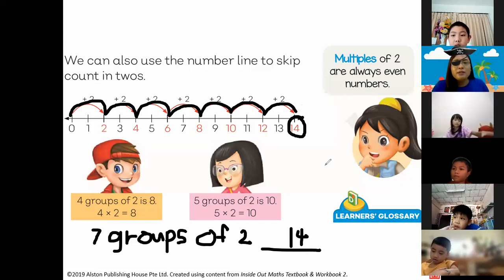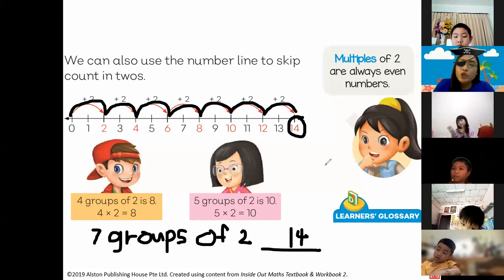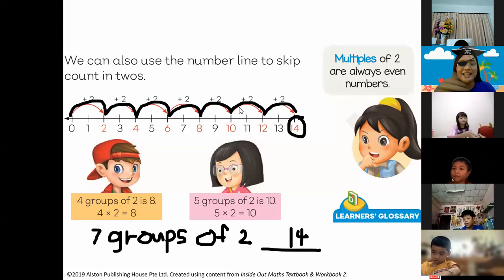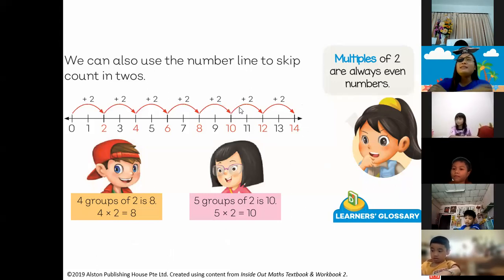What about 8 groups of 2? 16. What is 9 groups of 2? 18. I only hear Otto.